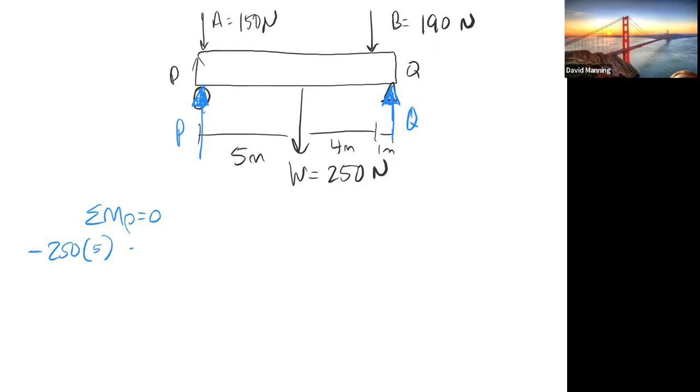And then we have 190 times 9 plus Q times 10 equals 0. I may have to get my calculator out for this. 296.